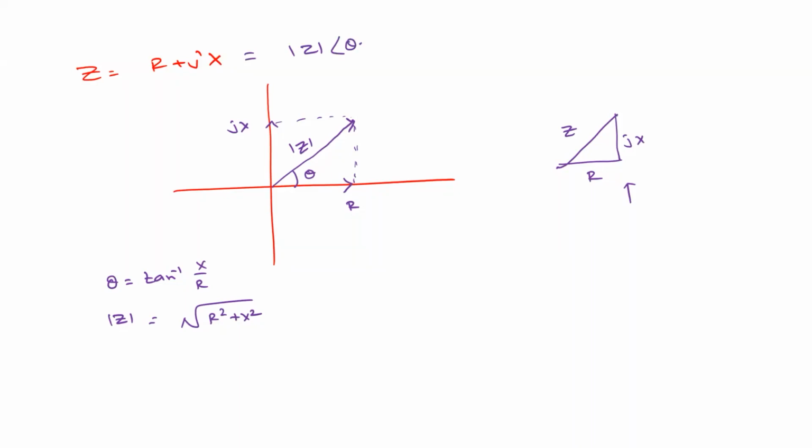Now let us form some basic circuits. Let us assume we have a circuit that is a combination of a resistance and an inductance. Let V be the voltage and I the current, represented in phasor form.